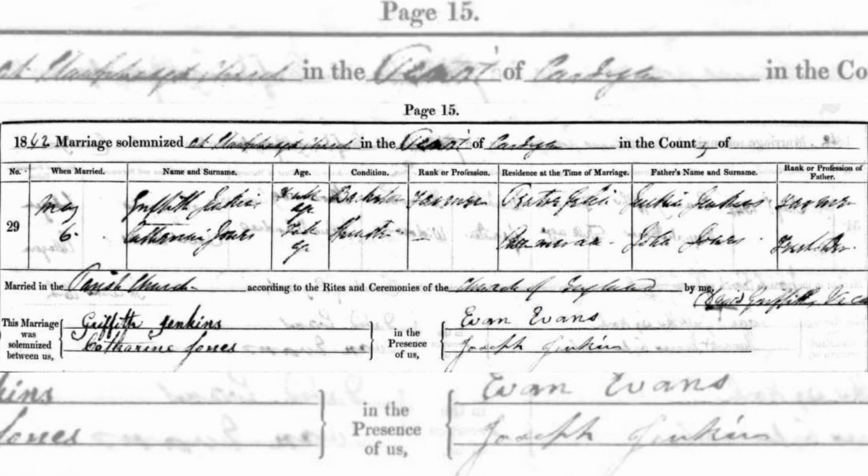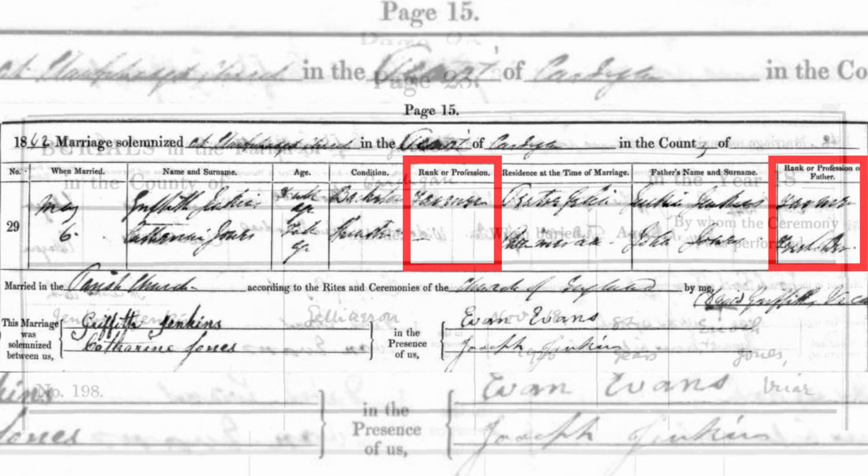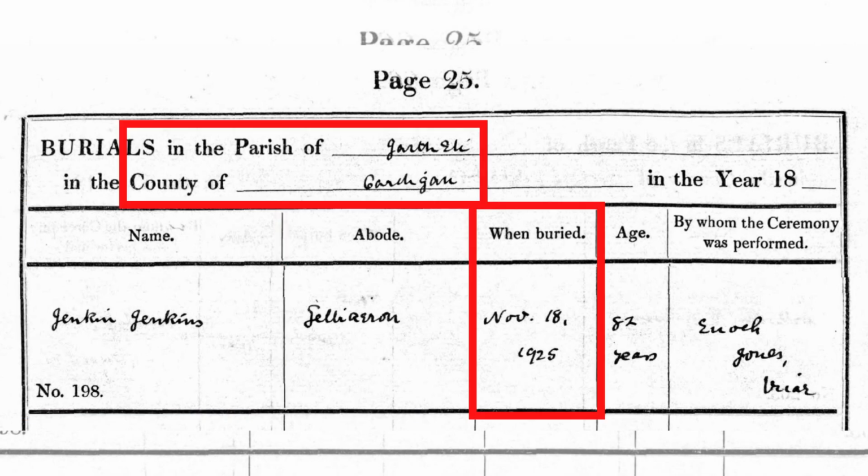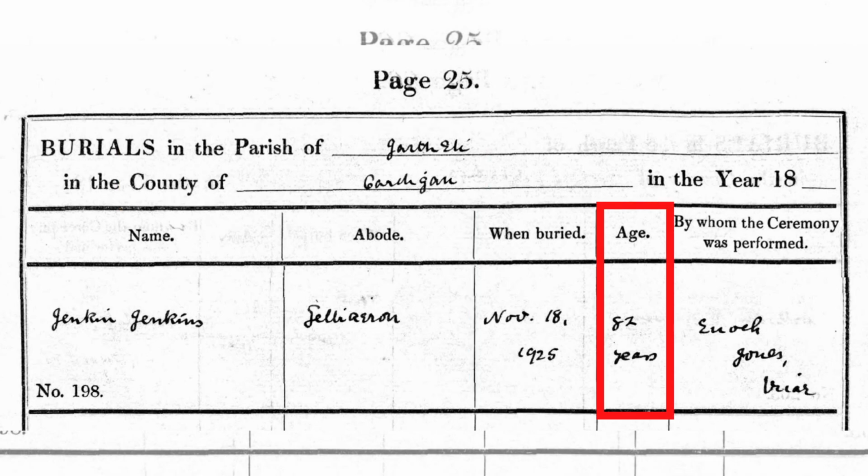For parish marriages between 1813 and 1836, you'll see names, marriage date, and witnesses, and after 1836, you'll get even more information, including addresses, fathers' names, and occupations. For parish burials, you'll get a name, address, burial date and place, and then the age.